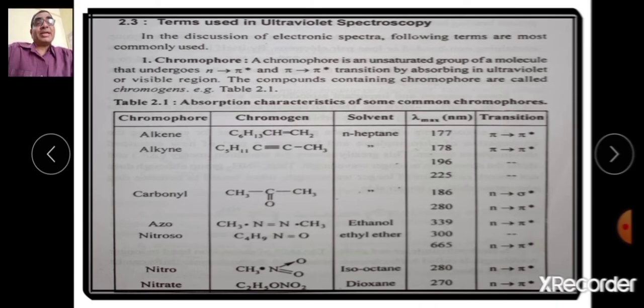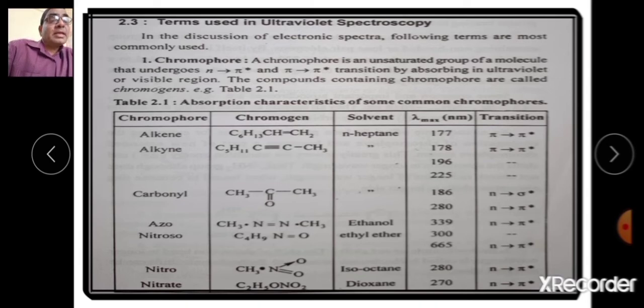The next variety of chromophoric group is the carbonyl compound. Carbonyl compound contains a C=O group, and oxygen contains a lone pair, that is non-bonded electrons, and therefore the transition is from non-bonding to higher energy levels. In the same solvent for acetone, the lambda max is 186, and the transition is n to sigma star.